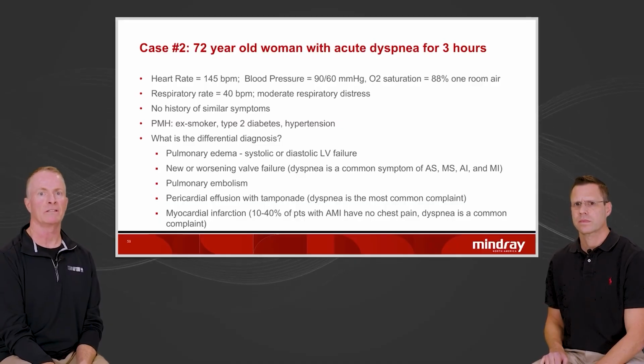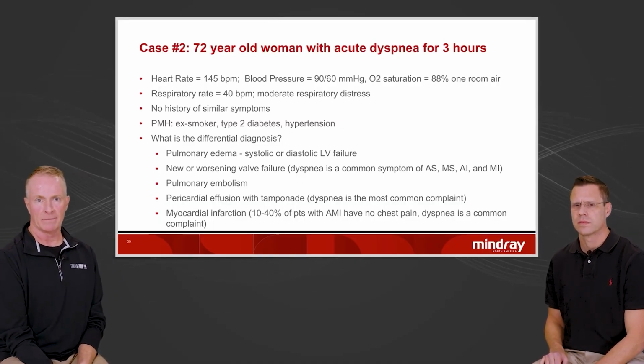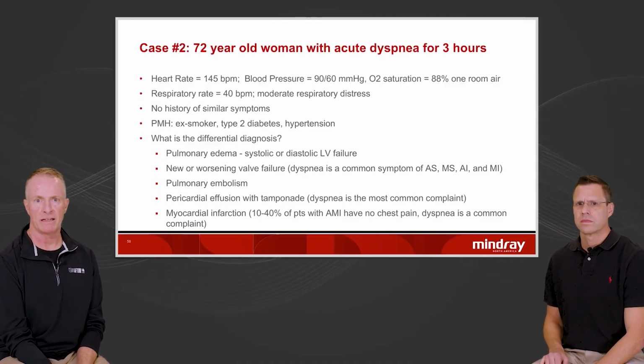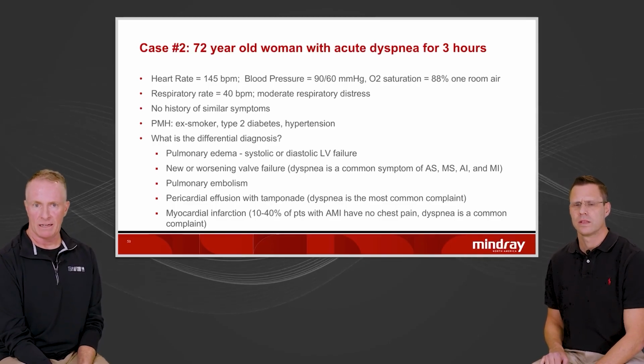So what's the differential? A lot of things, right? So pulmonary edema, which could be caused by LV function, whether it's systolic or diastolic. She could have a valve problem. That's a common cause of dyspnea. Pulmonary embolism is a common cause of dyspnea.